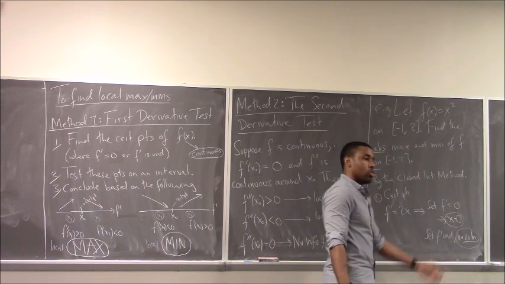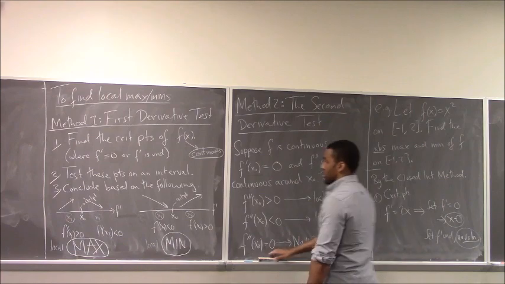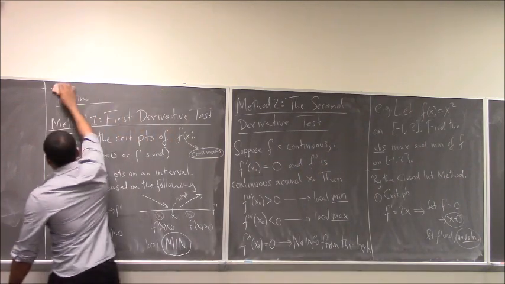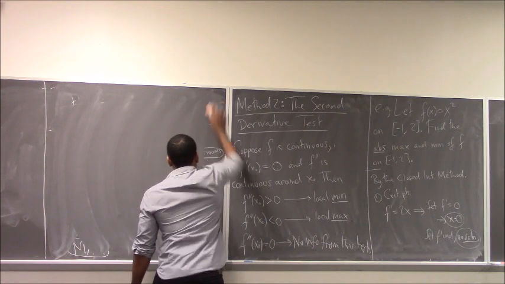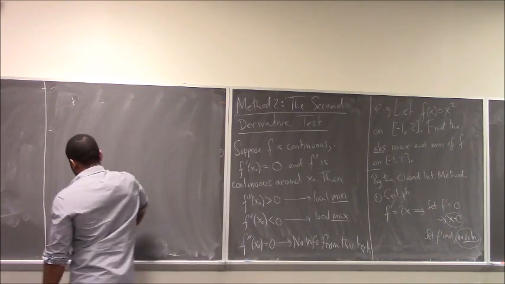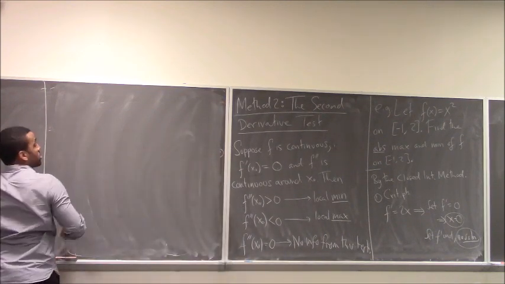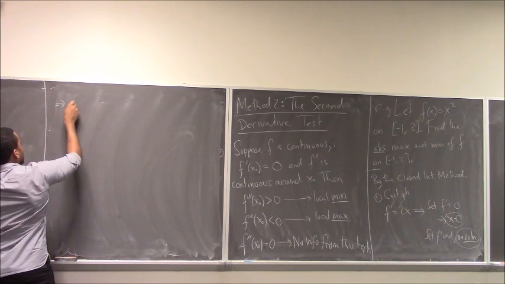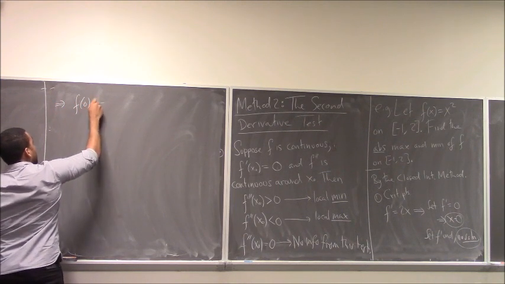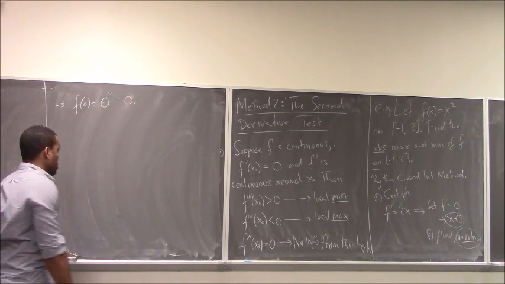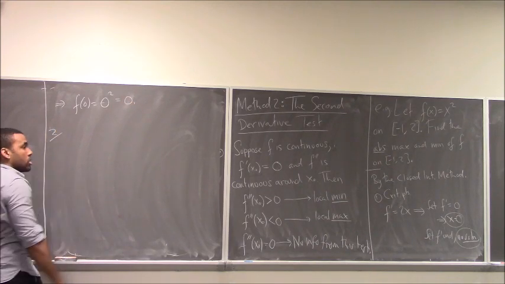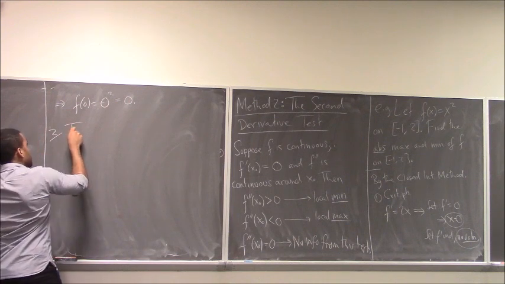So 0 is my only critical point. So then I would find f of 0, which I know is 0 squared, which is 0. 2, test the endpoints.